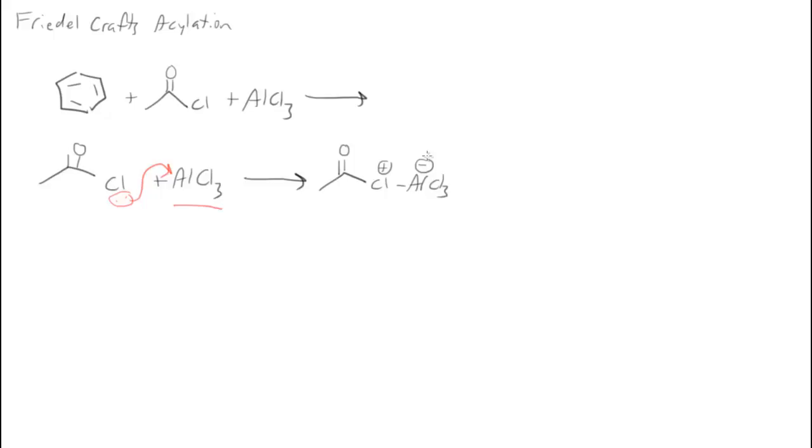To form an intermediate. Now, the intermediate can again be broken down the same way. Electrons move over to get rid of the positive charge on chlorine. So the product of this part of the reaction is our electrophile, our acyl group. And the other thing that's left is the base, the AlCl4-.